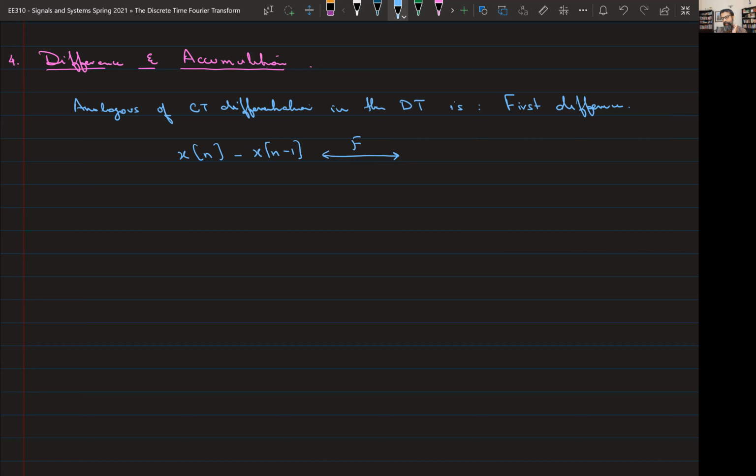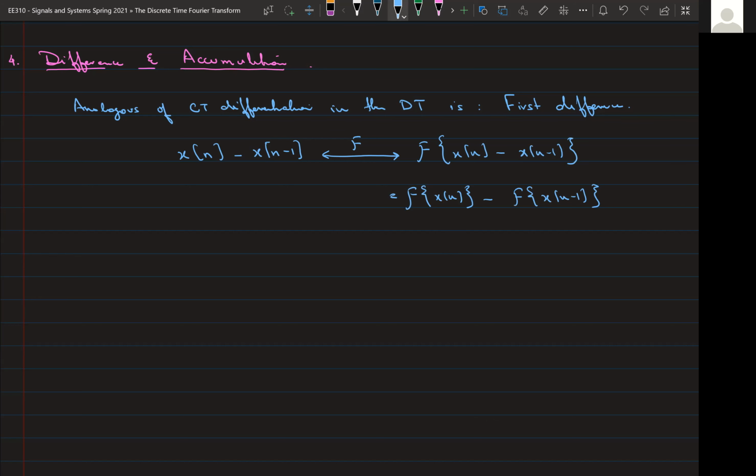So one property that I've not explicitly done here, maybe should have, is linearity, right? Linearity says that the Fourier transform of x[n] minus x[n minus 1] is equal to the Fourier transform of x[n] minus the Fourier transform of x[n minus 1].